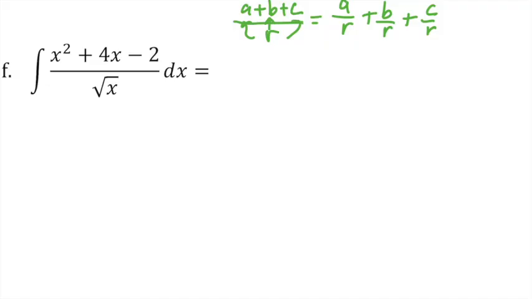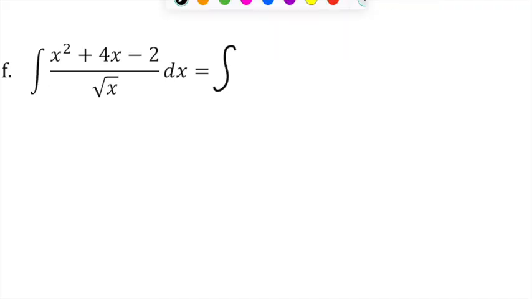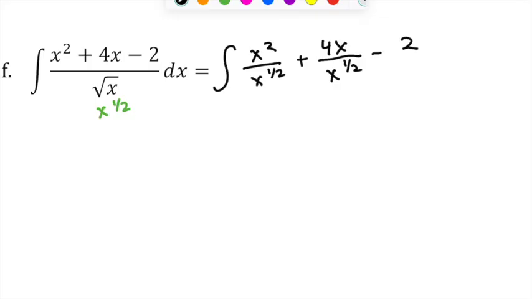But only with the denominator. And at the same time, I'm going to rewrite this as x to the 1 half. So we have x squared over x to the 1 half plus 4x over x to the 1 half minus 2 and x to the 1 half.